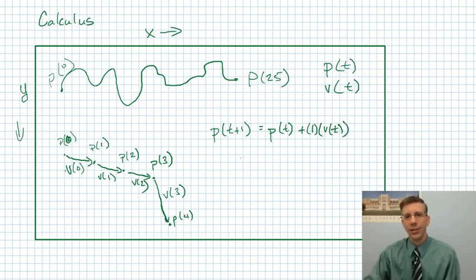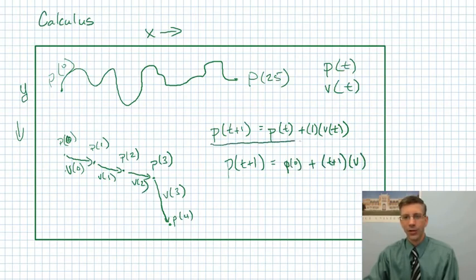So if I want to calculate where my next position is going to be, I simply add in the velocity. And we saw that we could do that before by just calculating p of t plus 1 directly. It's the initial p of 0 plus t plus 1 times your velocity.